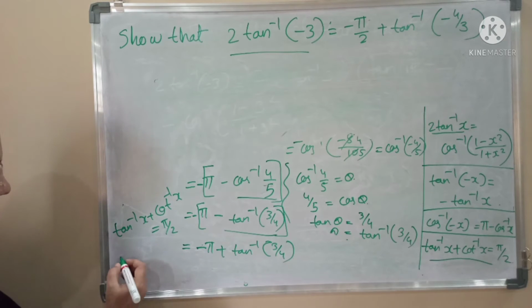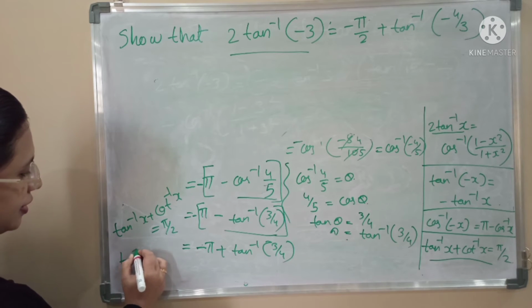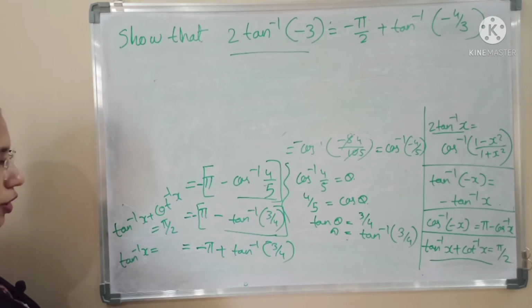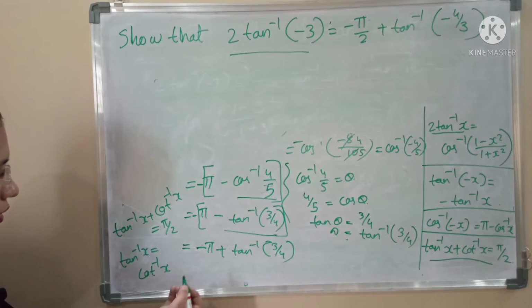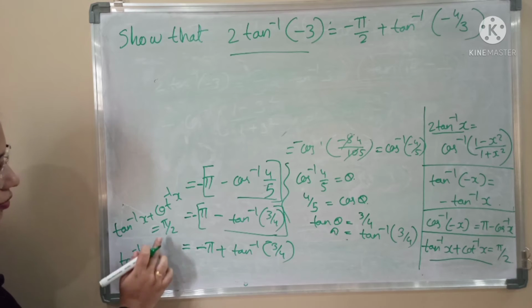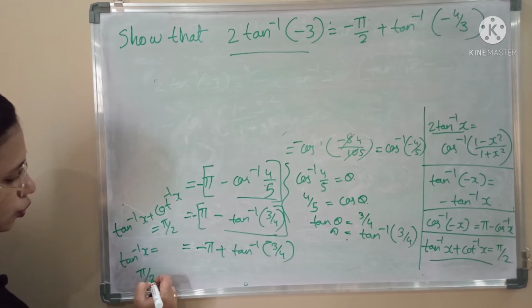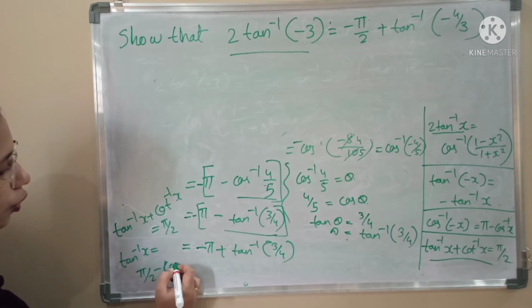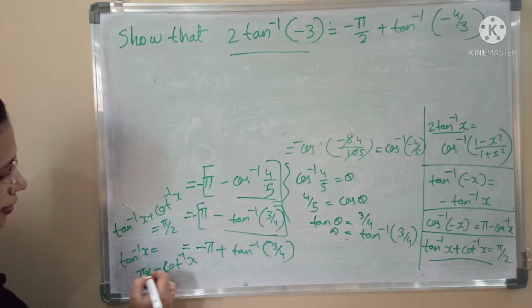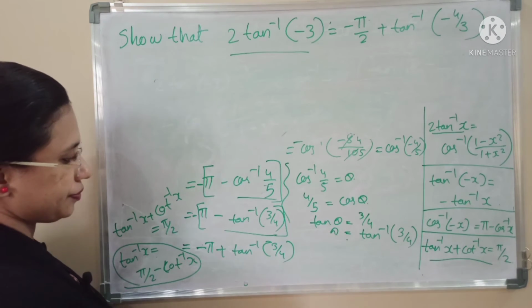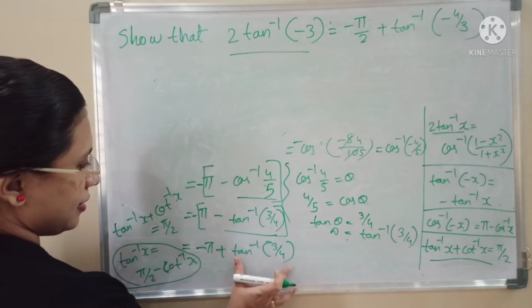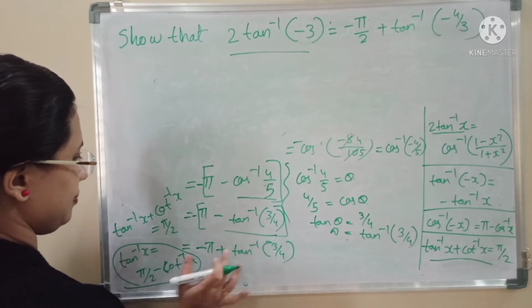So from this, tan inverse x will be equal to what? Tan inverse x will be pi by 2 minus cot inverse x, right? So we can replace this term with this.